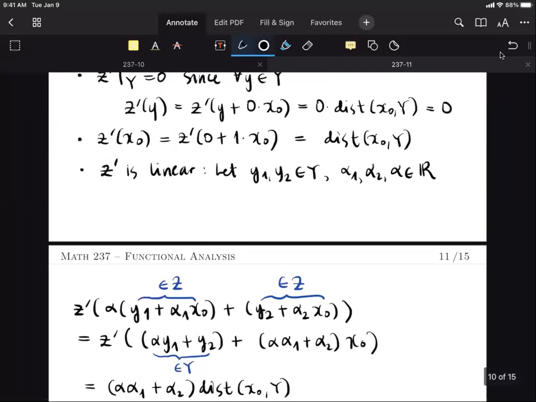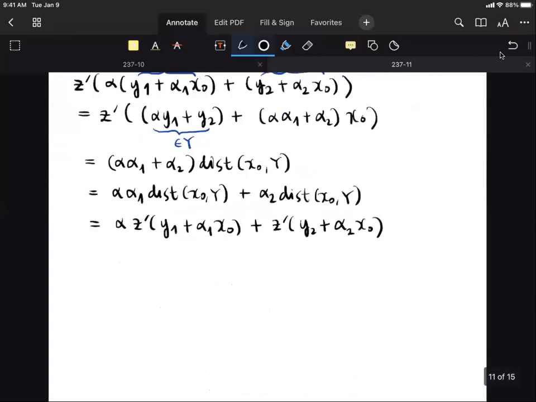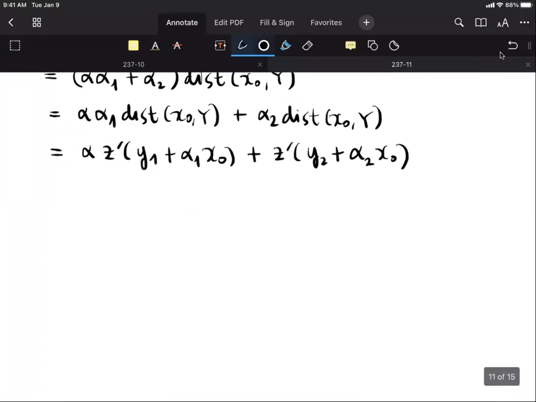On the other hand, for let's say boundedness, so first, let us consider the case where alpha is equal to 0.